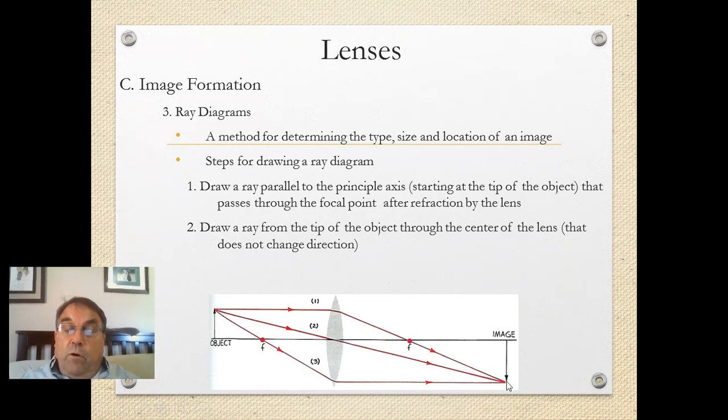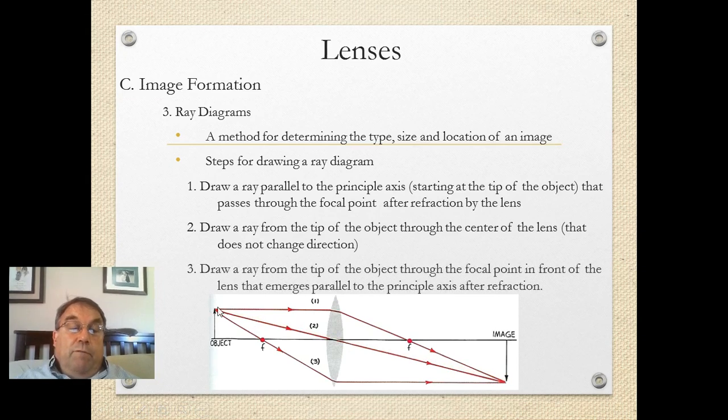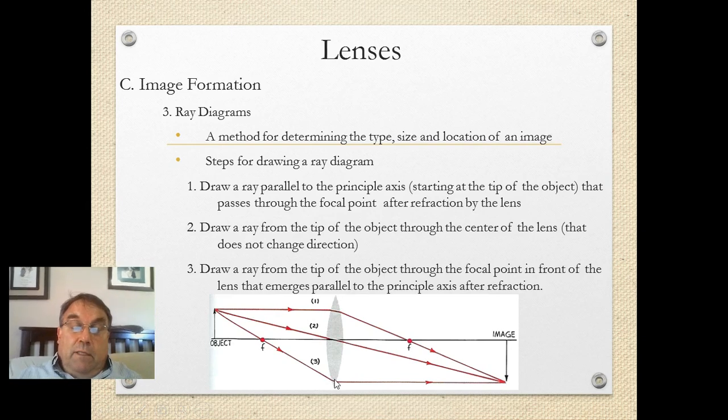And now you know where those two cross, you're going to get an image, but we need a third line as well. You can actually get the image spot from those two lines, but the third line helps you to complete the ray diagram. Okay. So the third line you draw from the tip of the object through the focal point to where it crosses the lens, and then you continue that.